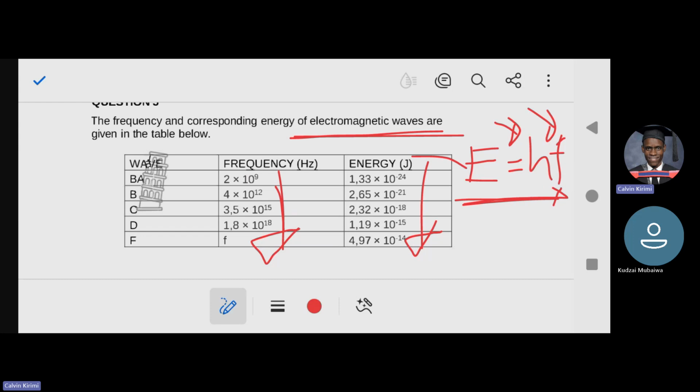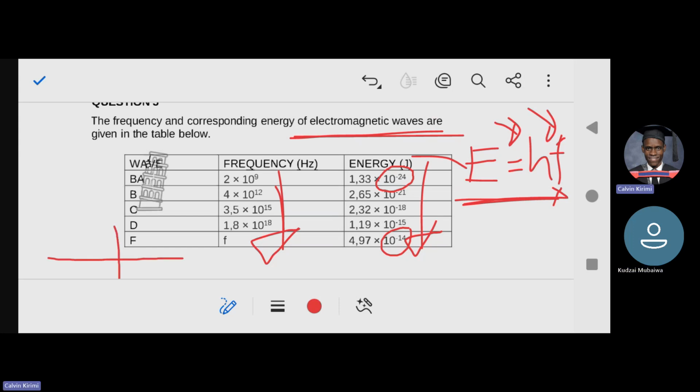The tricky part was for you to identify which number is big. Most students will see 10 to the power negative 24, 10 to the power negative 20, and then say energy is increasing, and they get a wrong answer of inversely proportional. The trick is to know that negative 14 is bigger than negative 24 because of the number line.